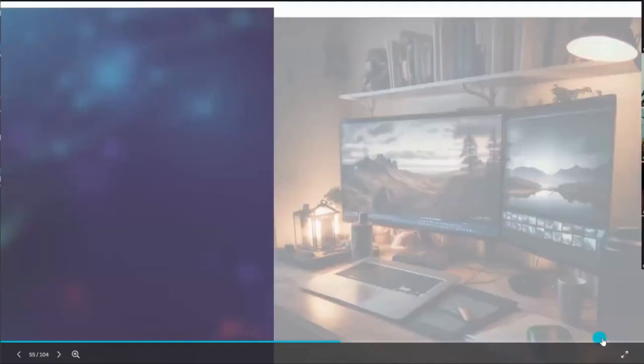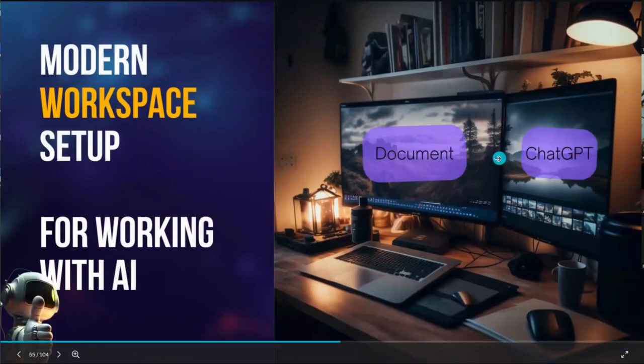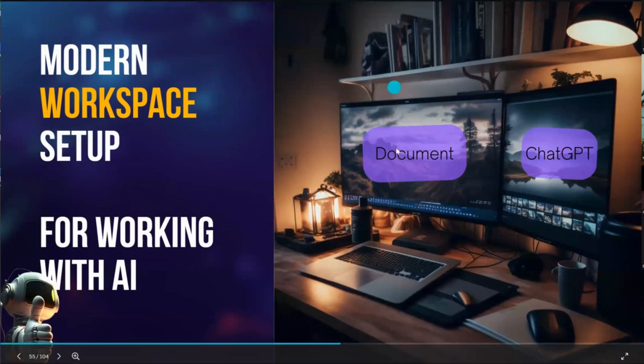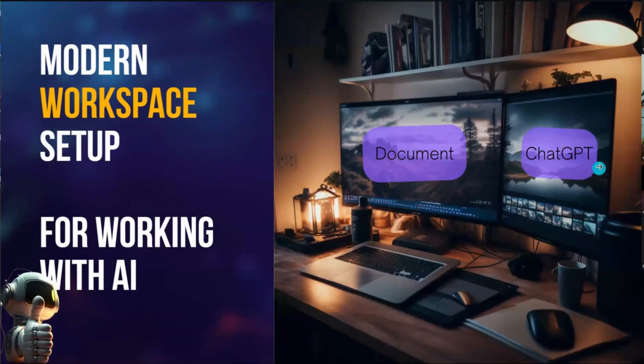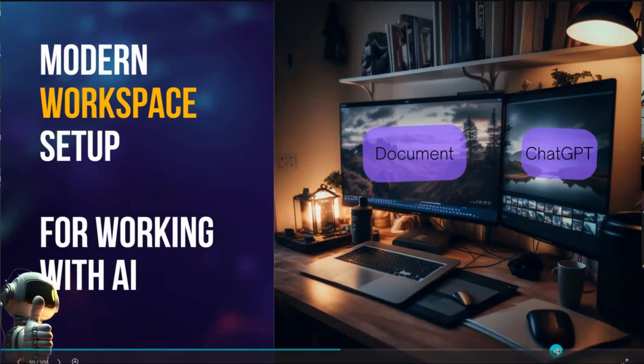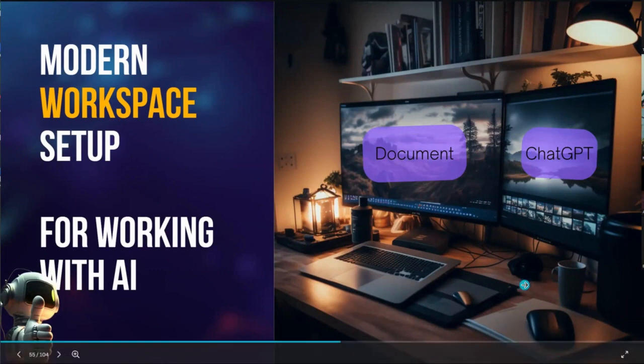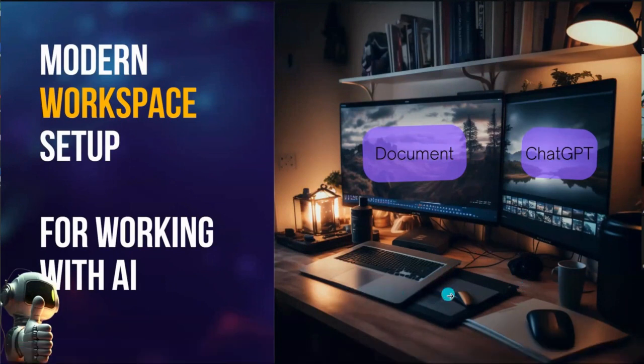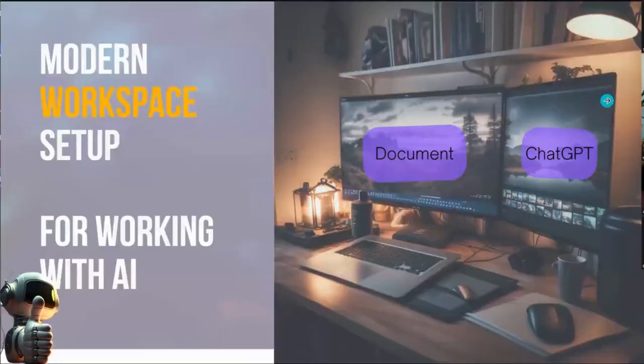And the third I would really recommend is 2 big screens, where one you can have a document and one ChatGPT, and you can also use the microphone from the laptop, so you don't need to use anything. But with ChatGPT, if you really want to do something different with your system, this is essential.